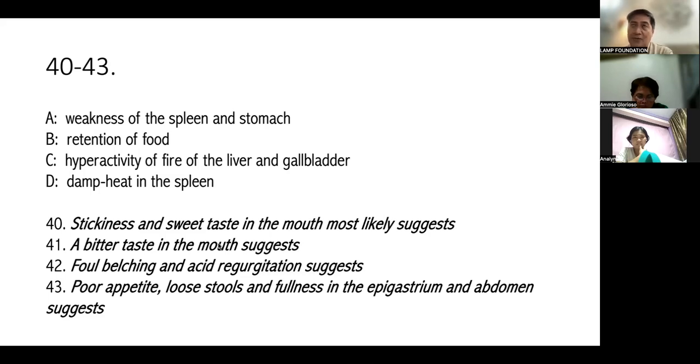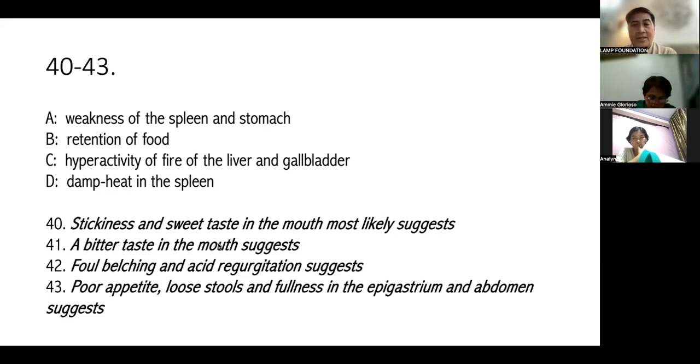Syempre after the heart, patuloy pa din yung heat mo, so eventually it will affect the liver. Pag meron ka ng liver fire, ang bitter taste mo niyan the whole day, hindi lang upon waking up. Oh, okay. So parang isa po dito sa questions sa 42 to 43. Okay po. Thank you, Doc.